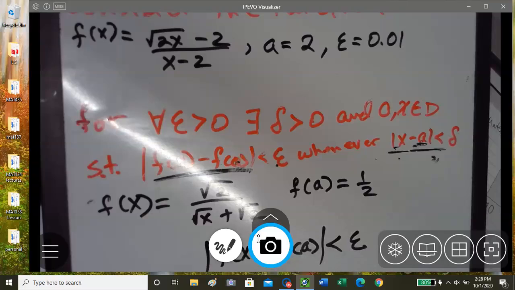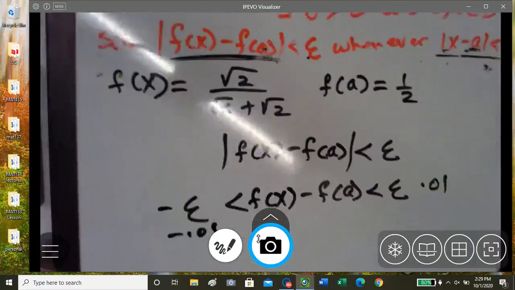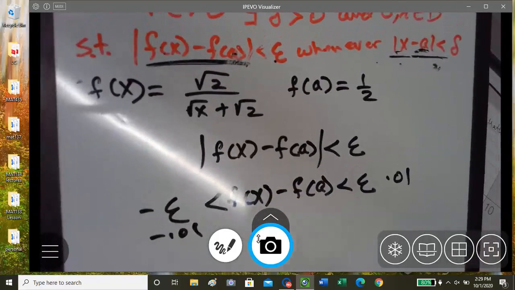When you do away with the absolute values, we have f of x minus f of a is less than positive epsilon, but it's greater than a negative epsilon. So that's why we're constantly looking for, in this case, this will be 0.01 and this will be negative 0.01. That's why we have to do both.